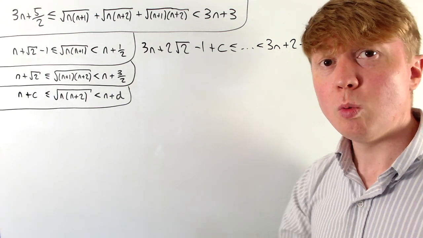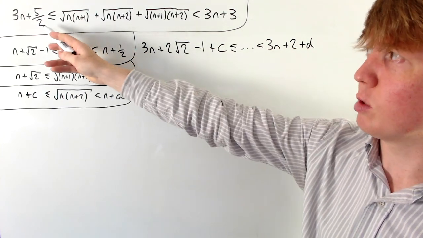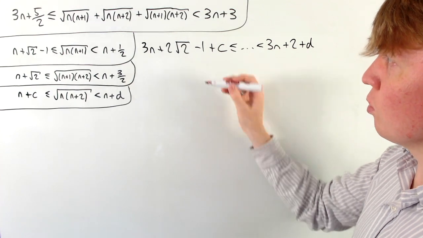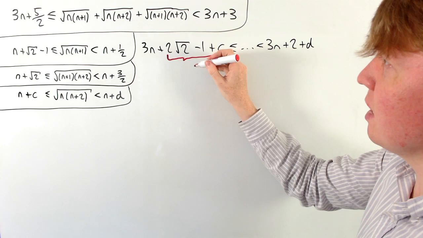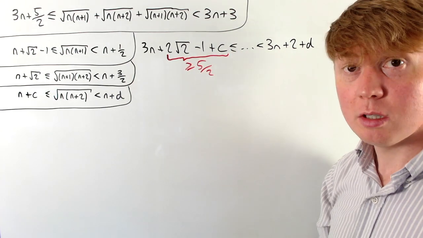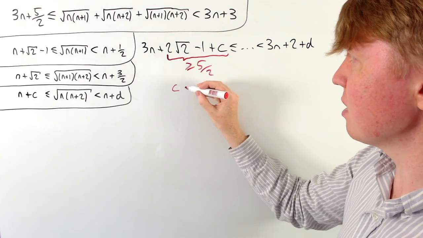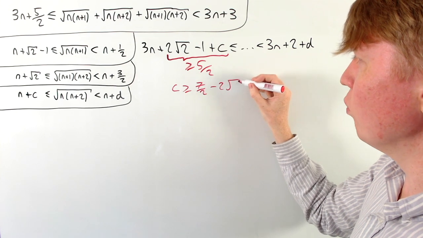So now we need to try and find suitable values of c and d. So we want our lower bound to be at least 5 over 2. So we want this entire term here, 2 root 2 minus 1 plus c, needs to be greater than or equal to 5 over 2. So now if we rearrange this and solve, we get c needs to be greater than or equal to 7 over 2 minus 2 root 2.